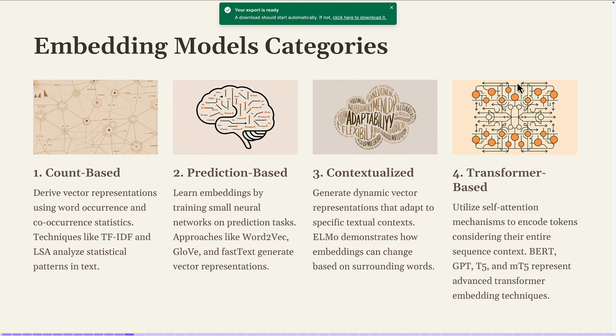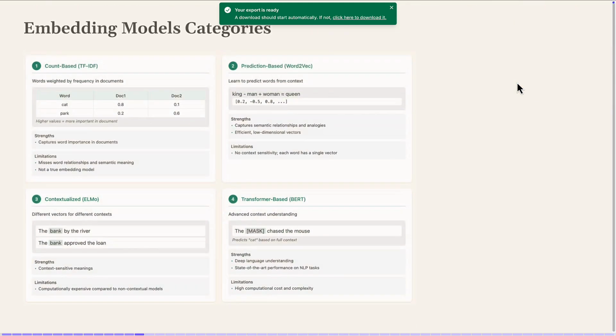And it will encode not words but tokens that come from the tokenization part, considering their entire sequence context. And this is why we have long context length in transformer-based language modeling. And it starts with BERT, GPT, T5, mT5, all of these we're going to go through, inshallah, during this course.